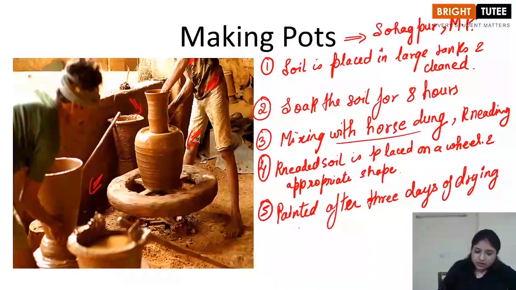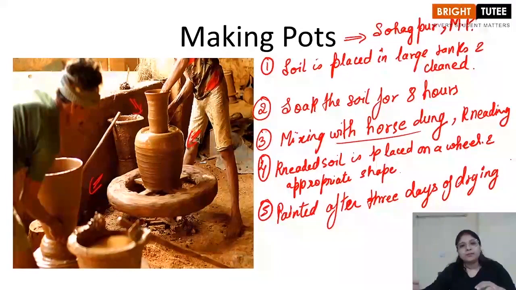And all these items which are made of the soil are dried at high temperature. Large furnaces are used for the same. These surahis and matkas and pots are kept in the large furnaces so that proper drying can take place and they become hard.